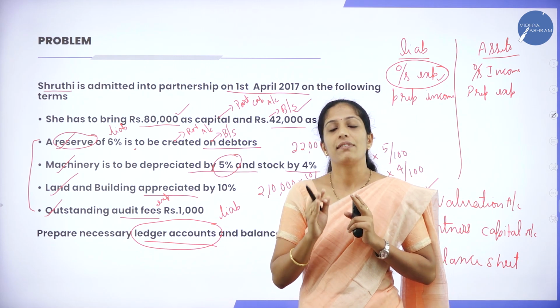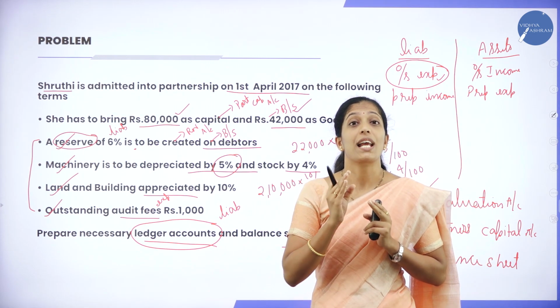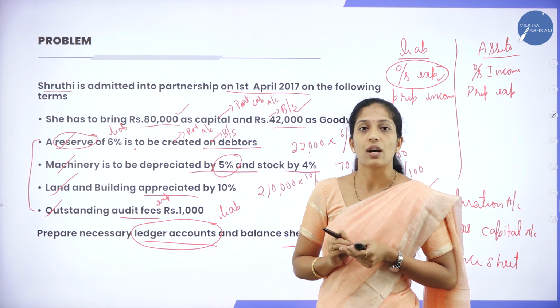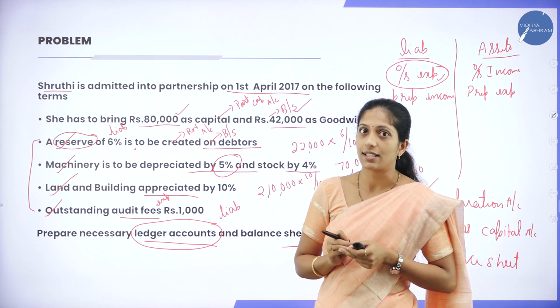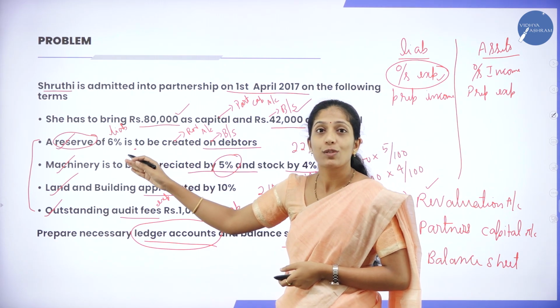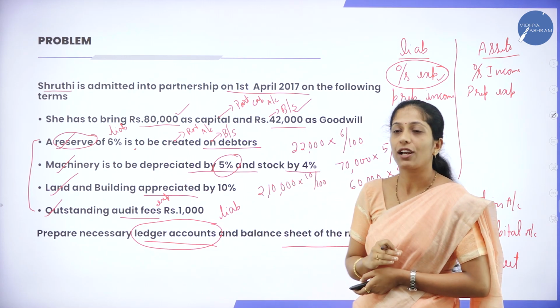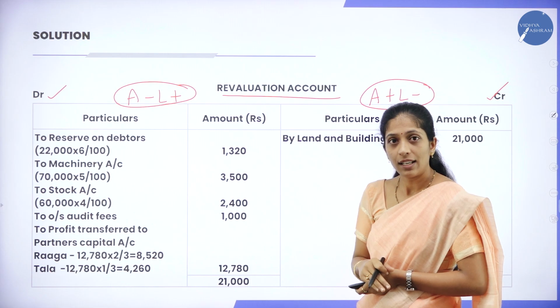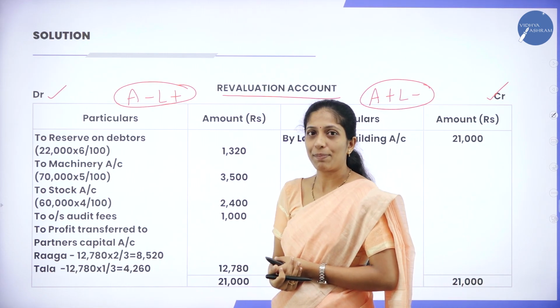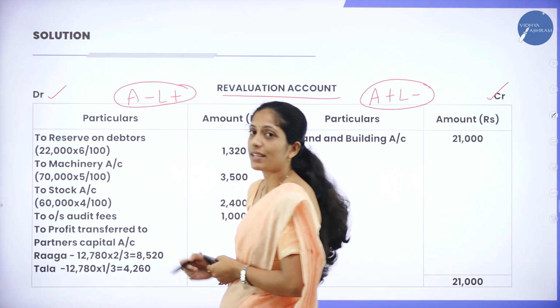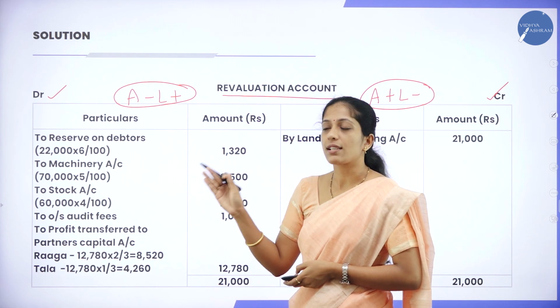Since they have not given a reserve in the balance sheet, but now they are asking us to create a reserve of 6% on debtors. As I told you, reserve is what? It's a liability, so an increase in liability. Where do we record it in the revaluation account? On the debit side, to reserve on debtors.